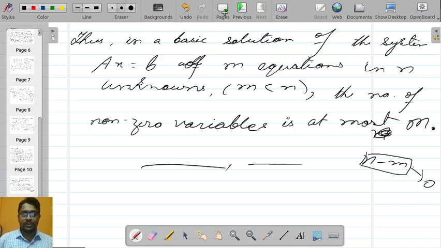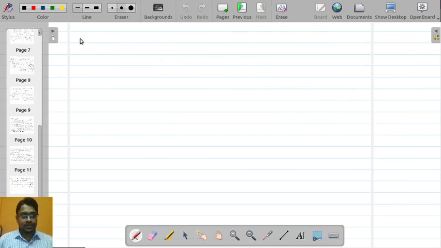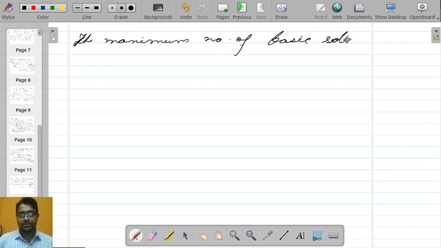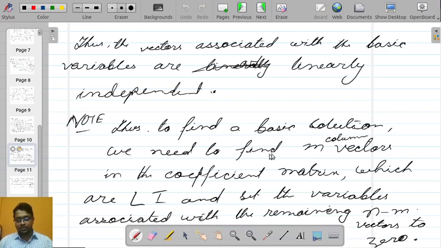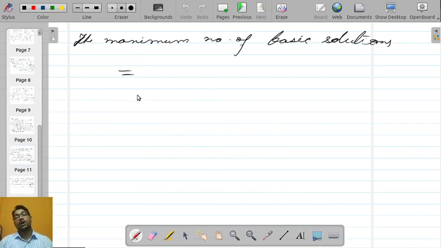So what will be the maximum number of basic solutions? I told you that we just have to select m columns out of n columns, and then test the determinant of each of these. That is the procedure. To find a basic solution, we need to find m column vectors in the coefficient matrix which are linearly independent. So we have to find m out of n.